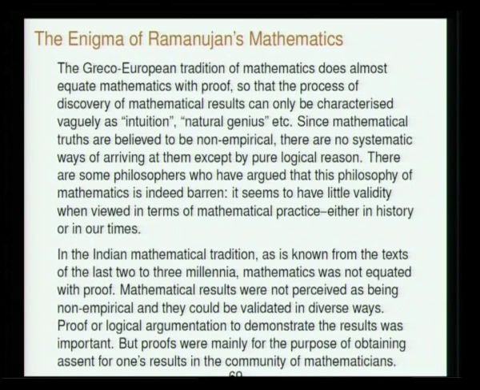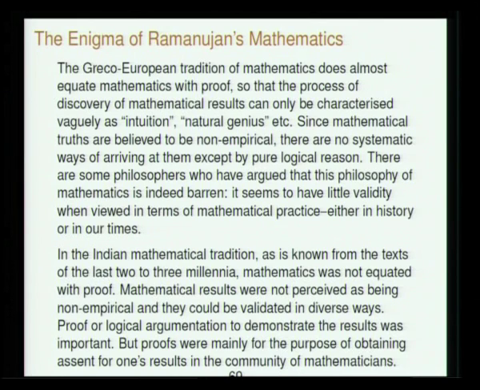Of course, there are philosophers of mathematics who do argue that this philosophy of mathematics is confusing or barren. This philosophy does not explain most of the history of mathematics, the way mathematics is done, either in earlier times or even the way mathematics is being done presently.